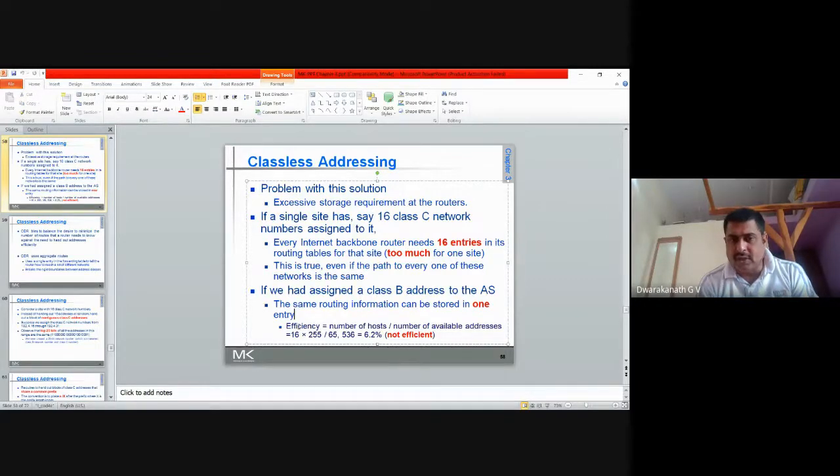The efficiency, number of hosts and available addresses. The number of hosts will be, as I told you, that each router will have 16 LANs. Assume each LAN will have around 255 systems.